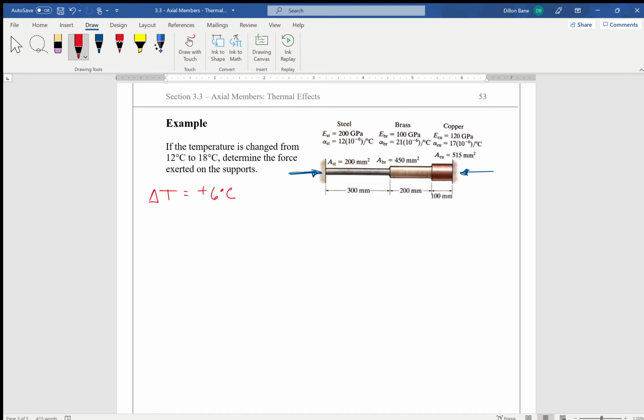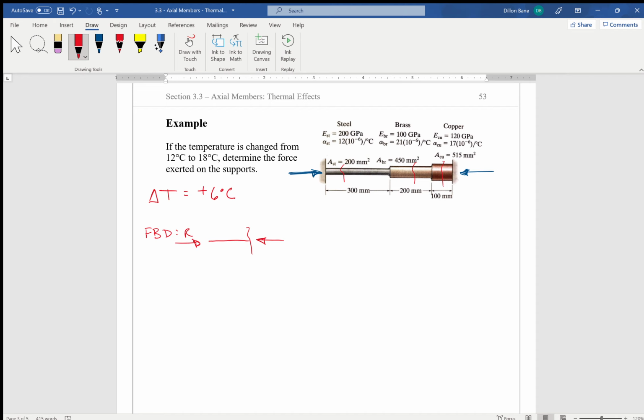Let's take a second to think about this though. What if I were to cut a section in the middle? What if I wanted to know what the internal force was in each of these three rod segments? Imagine a free body diagram of the left portion. Starting at the left, we've got some reaction, then our first cut within the steel segment.